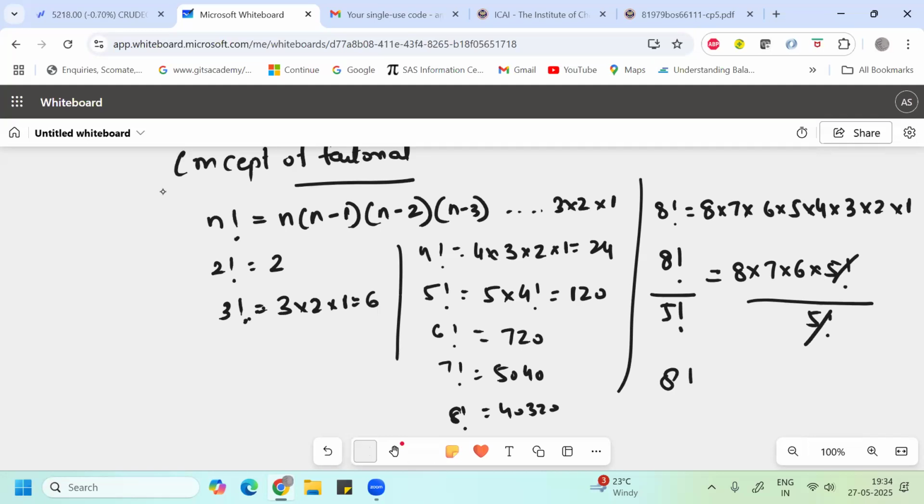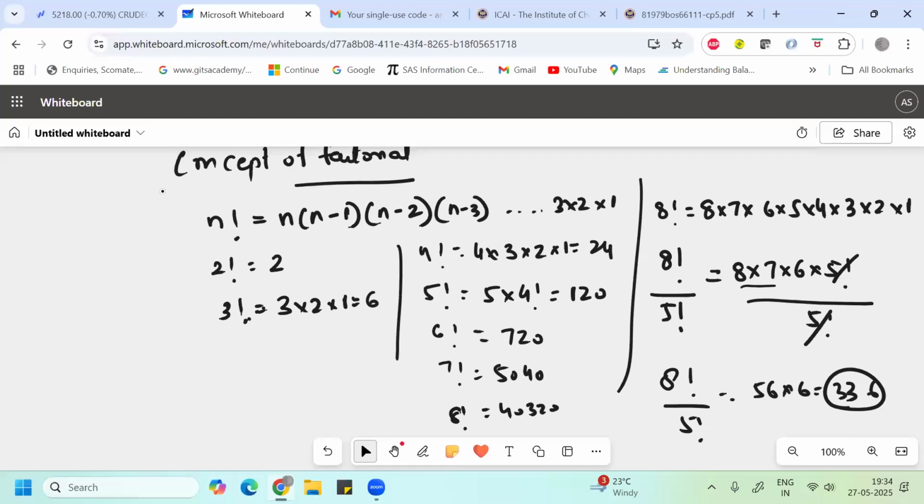So 8 factorial by 5 factorial will give you 8 sevens are 56, 56 into 6, you will get 336. This is basic calculation of mathematics you should be good with.